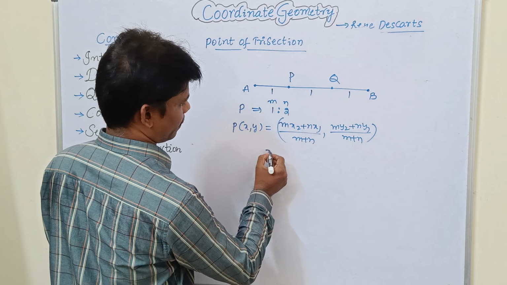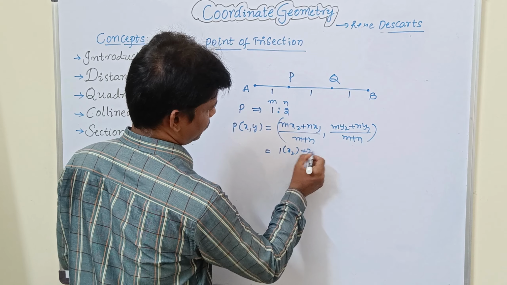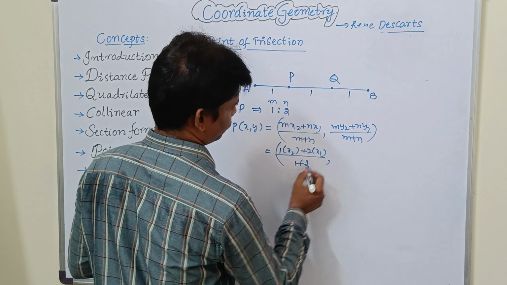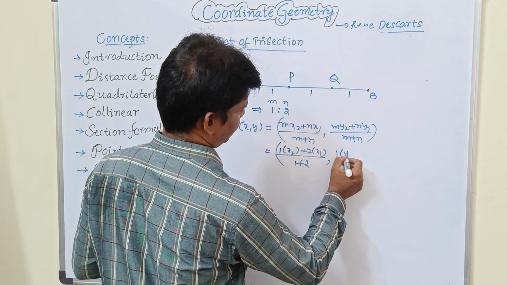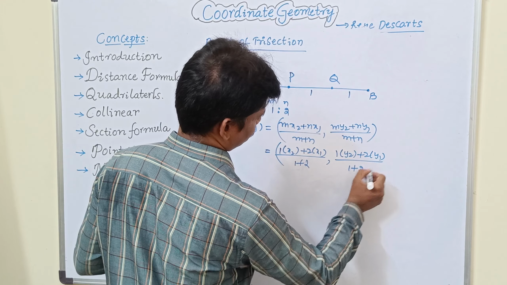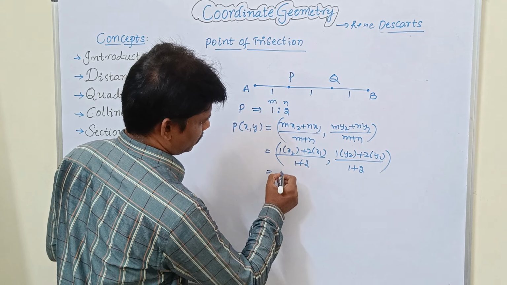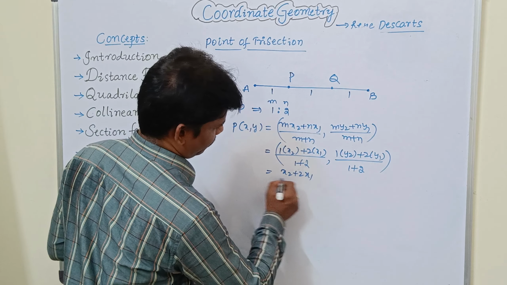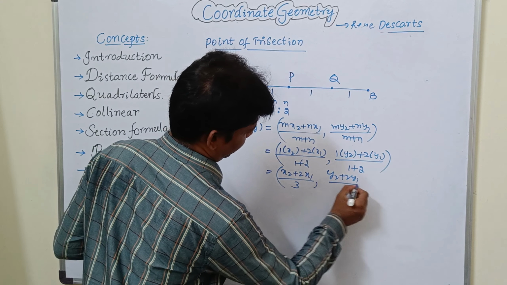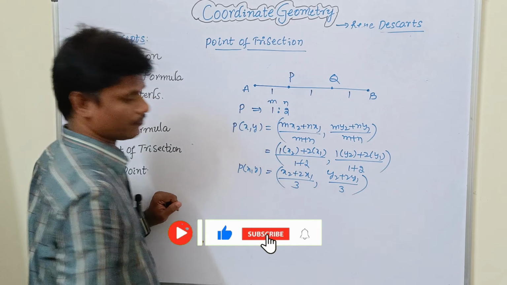Substitute here: m means 1, 1 into x2 plus n means 2, 2 into x1, by m plus n, 1 plus 2. Like that, 1 into y2 plus 2 into y1 by 1 plus 2. So this is (x2 plus 2x1) by 3, and (y2 plus 2y1) by 3. This is the point P, x comma y.